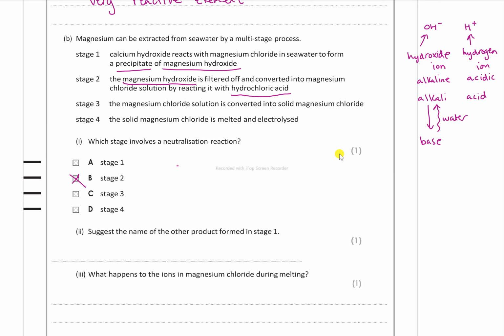So you've got calcium hydroxide plus magnesium chloride gives magnesium hydroxide, and it'll be calcium chloride. Right.